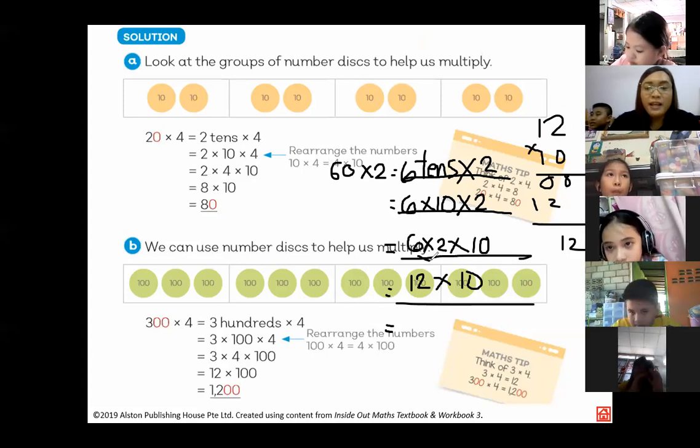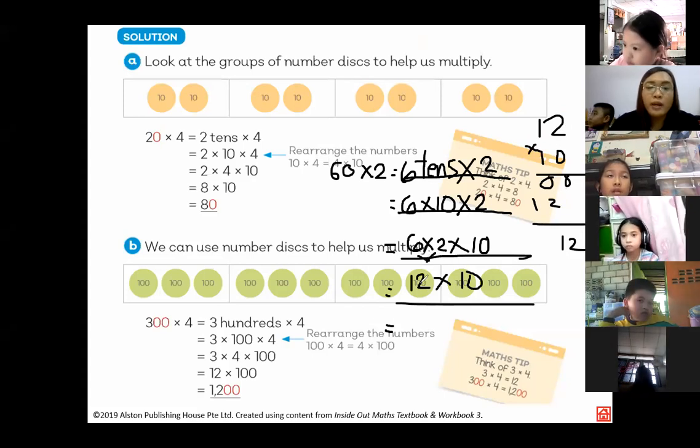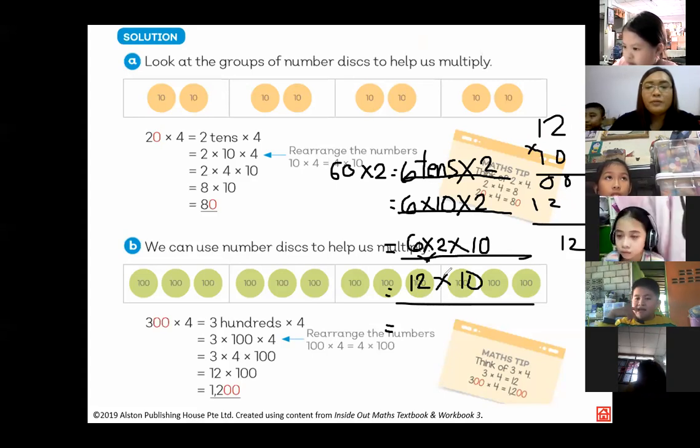Class, this is actually right. So 6 times 2 equals 12, right? And then bring down 10 times 10. And that is the answer. Twelve multiplied by 10.